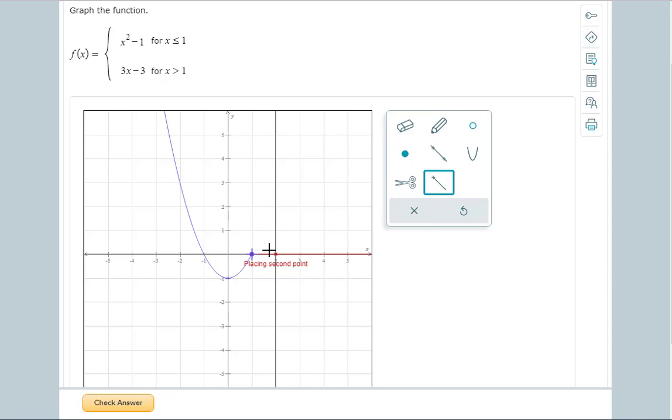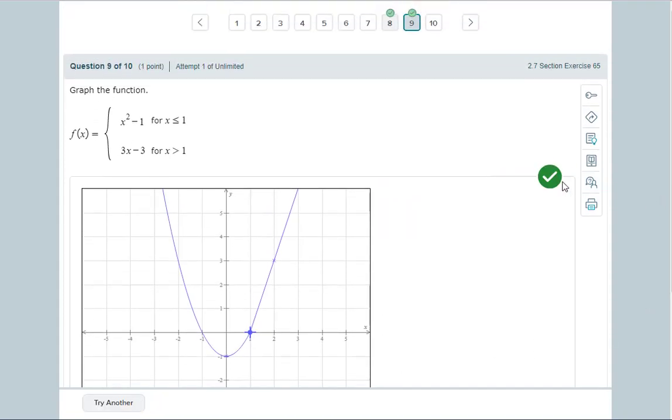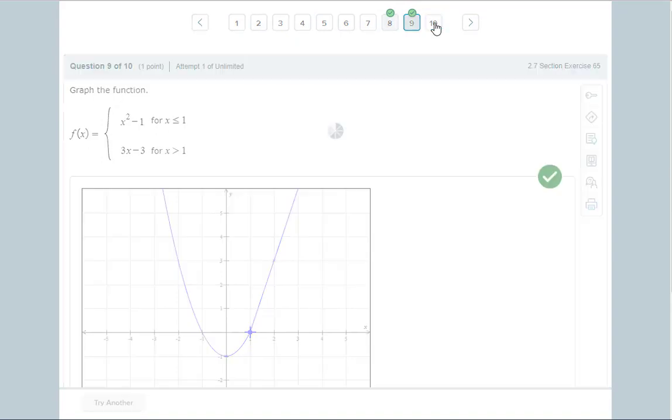There's my next point there. 3 times 2 is 6. 6 minus 3 is 3. All right, so I'm going to put it right there because that's 2, 3. Okay, so here's the parabola. It links up with this piece of the line, and we check the answer. It's thinking, and yes, it likes that. All right, question 10.